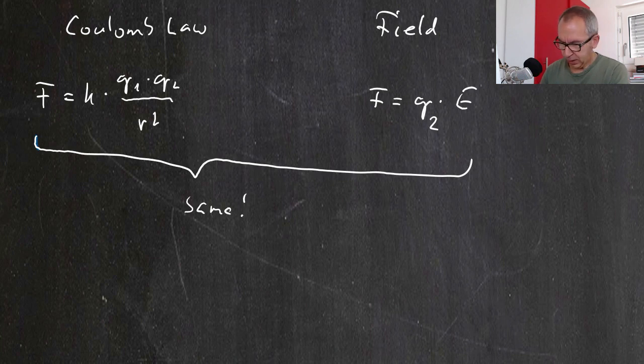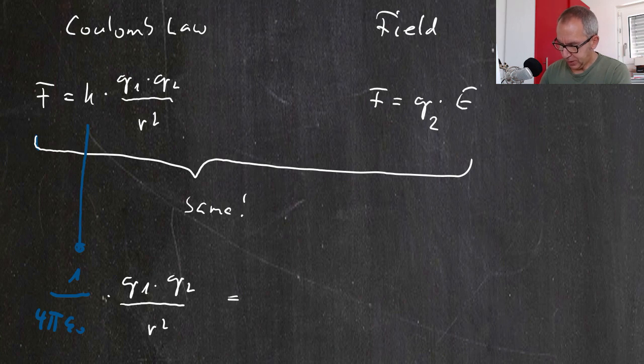And therefore we can write here, instead of the K, I'm going to use 1 over 4 pi epsilon 0. So you remember that was this second version of Coulomb's law, times Q1 times Q2 over R squared.